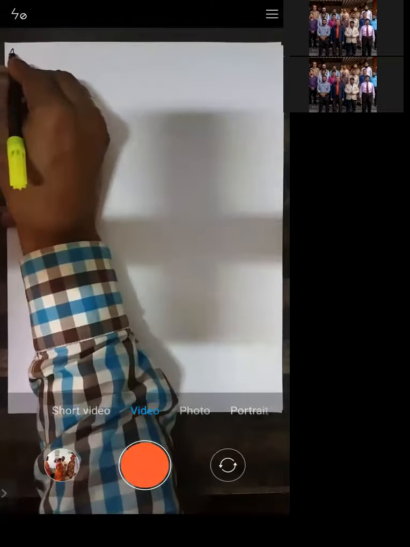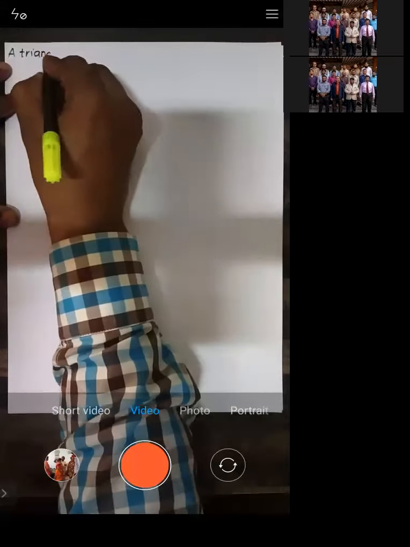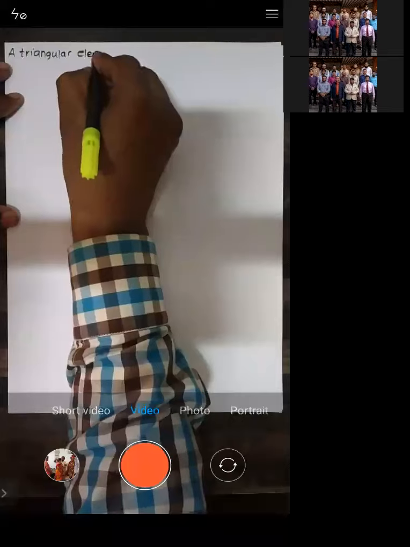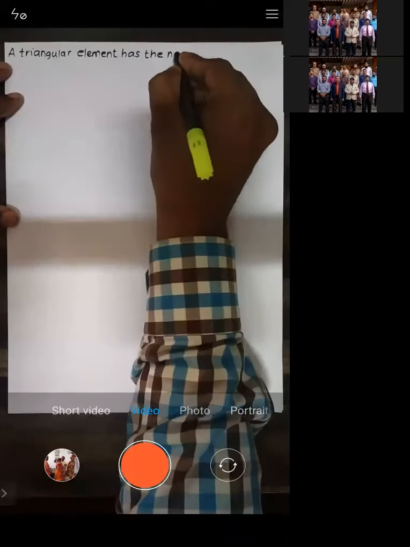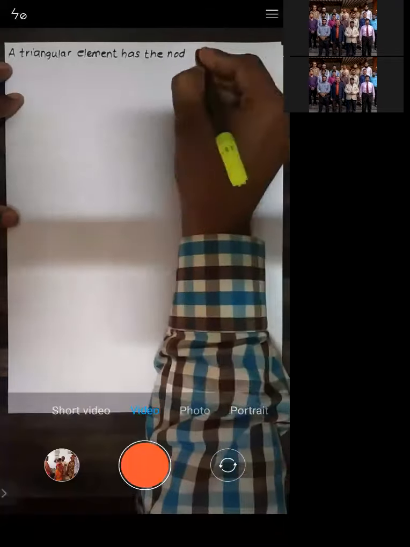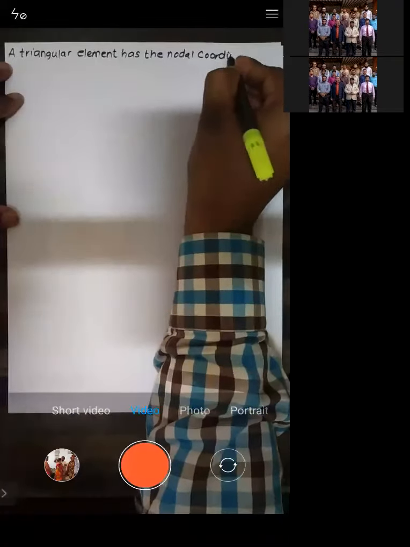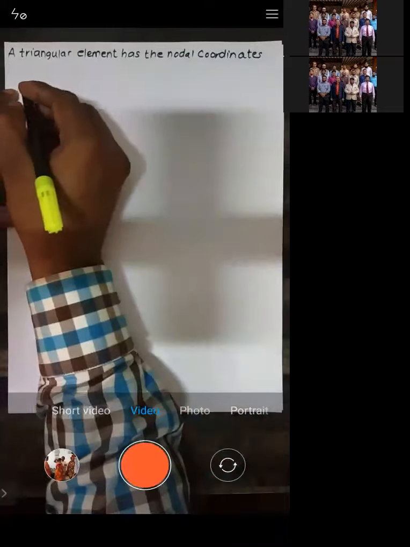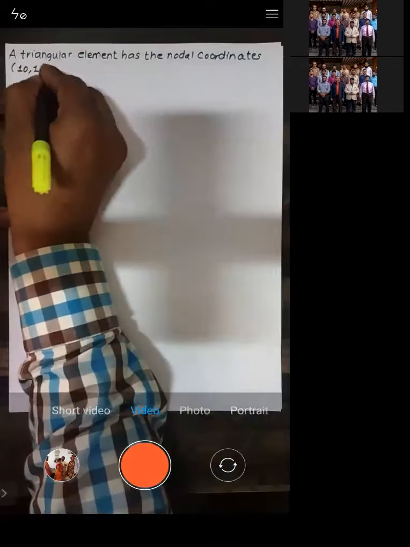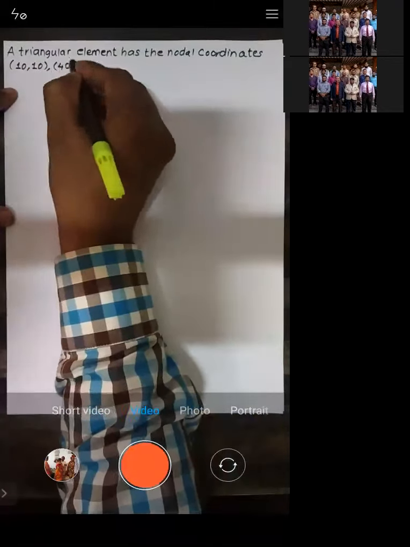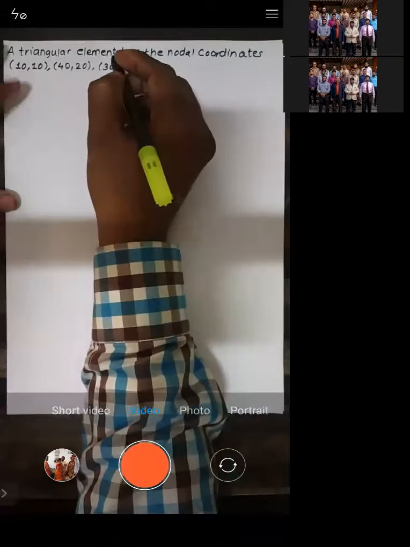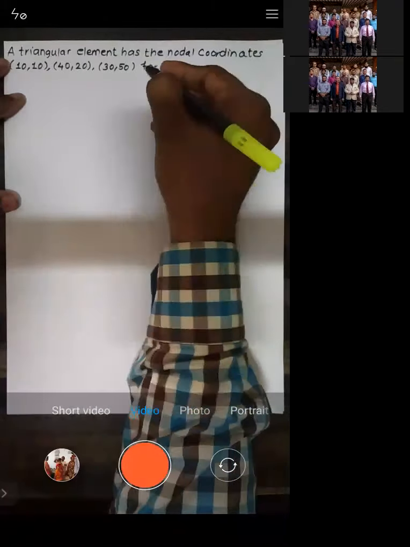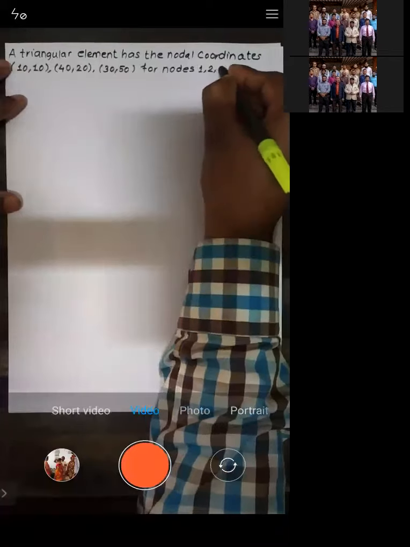A triangular element has the nodal coordinates (10, 10), (40, 20), (30, 50) for nodes 1, 2, 3 respectively.